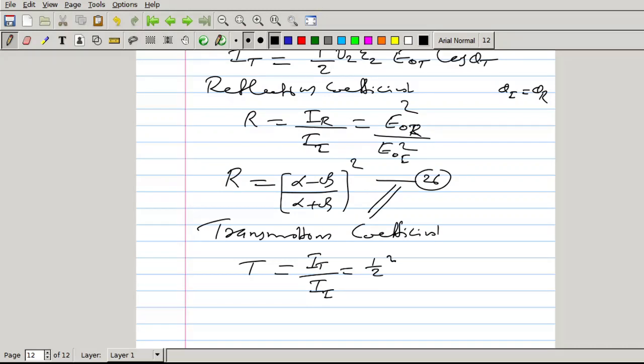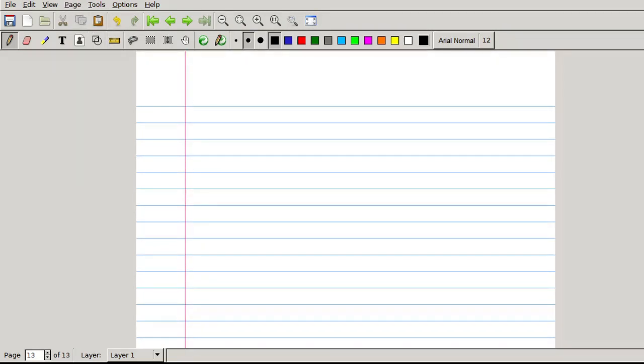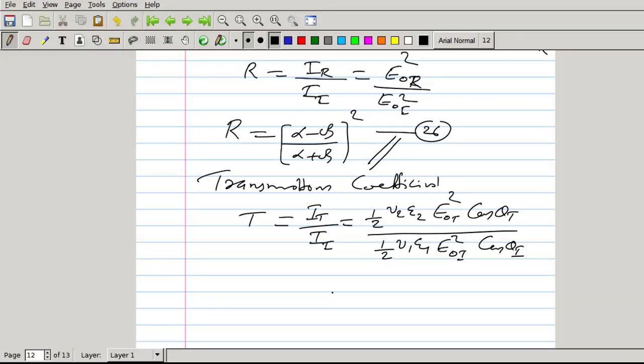It is half V2 epsilon 2 E0T square cos theta T by half V1 epsilon 1 E0I square cos theta I. So this ratio will be V2 epsilon 2 by V1 epsilon 1.